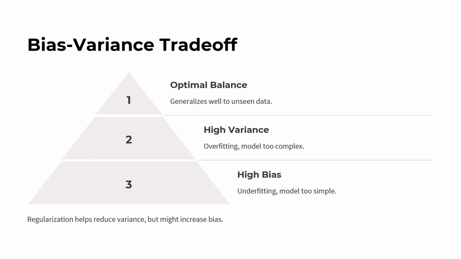This means the model is too complex and overfits the training data. It learns the noise instead of the actual pattern and performs poorly on unseen data. At the bottom, we have high bias. This happens when the model is too simple; it underfits the data and cannot capture the actual trend.